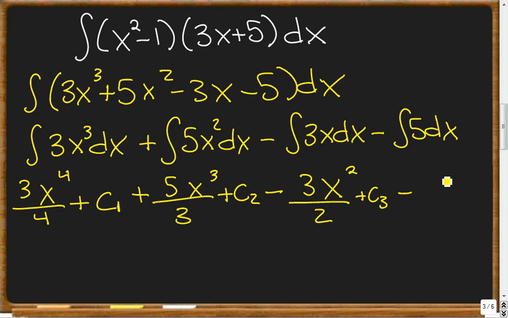And then finally, we subtract away. We've got 5x to the 0, so this becomes 5x to the first over 1. And then we add c4 to that.